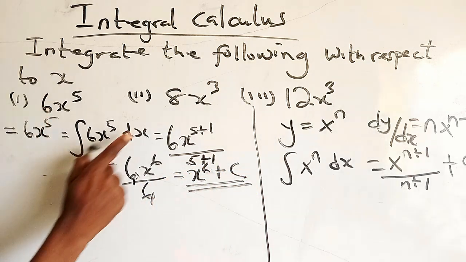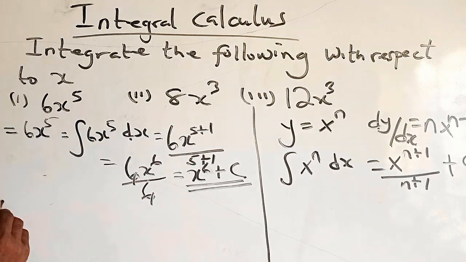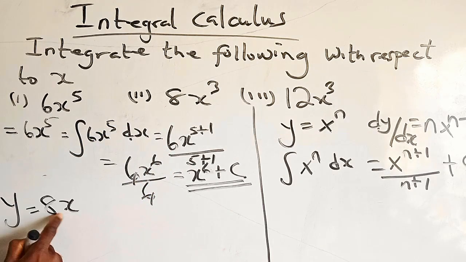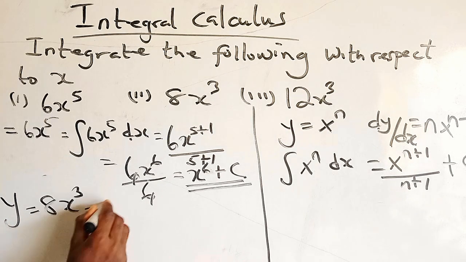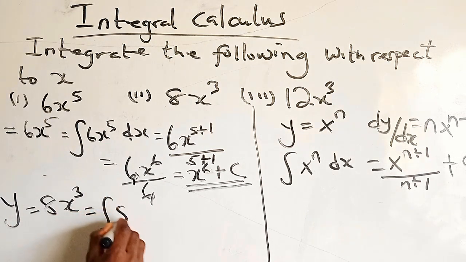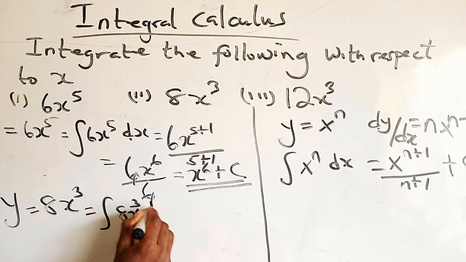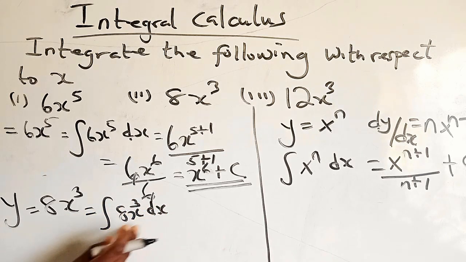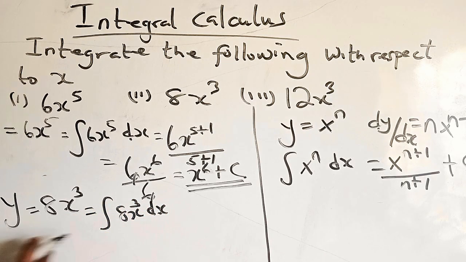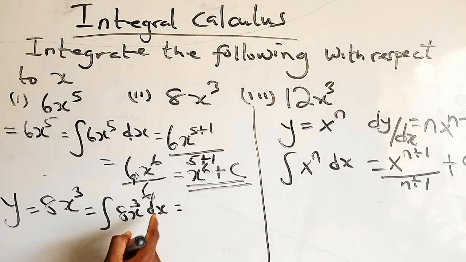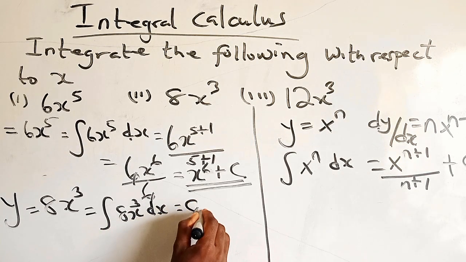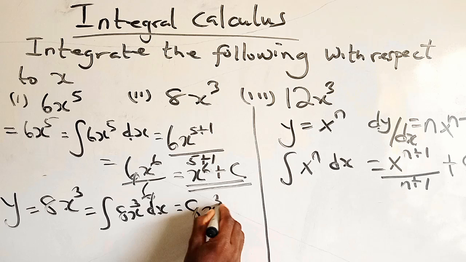Let's look at the second function. We have y equals 8 times x raised to power 3. So to integrate this function, we say the integral of 8 times x raised to power 3 with respect to x. From here, I will say 8x raised to power 3 plus 1.